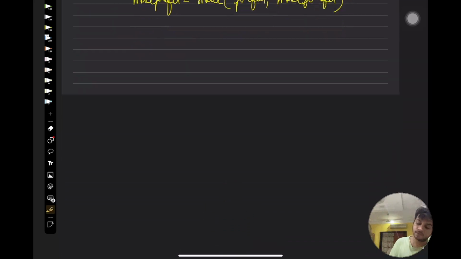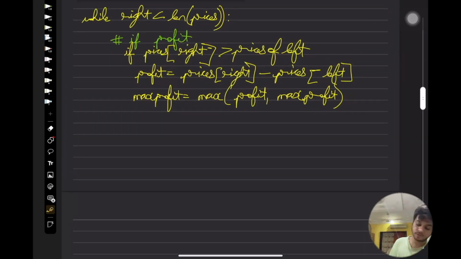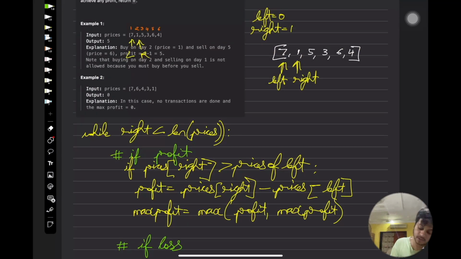Now there is another situation, when there is a loss. So if there is a loss, in that case, the second condition is: if loss, then what I do is I just shift the left pointer to the next position.